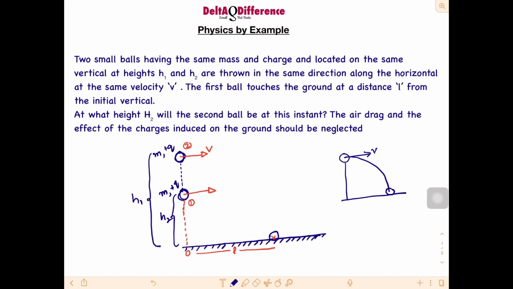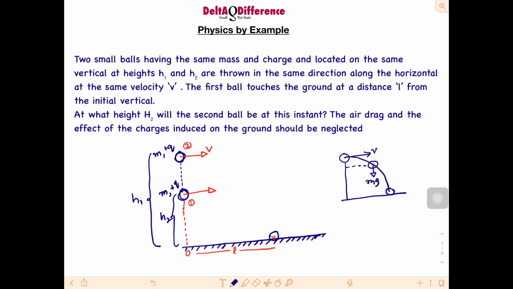Here, the only force acting on the ball is its weight. Of course, here also we need to ignore the air resistance. And we could write the parabola equation for that. But now, we cannot guess the path of the individual balls easily.